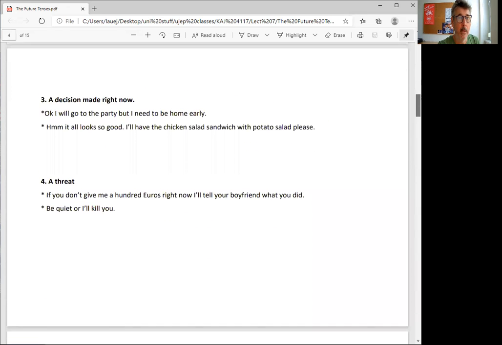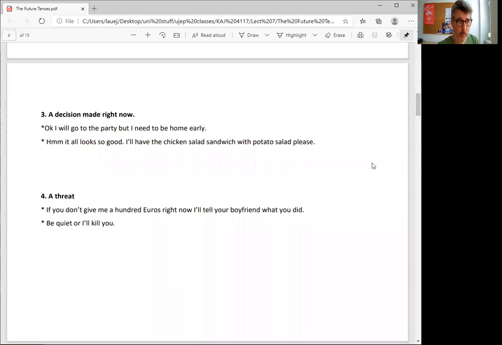And then another place we use will is a decision that's made right now. All right. And think of this as when you're in the restaurant. I like to use this as an example.